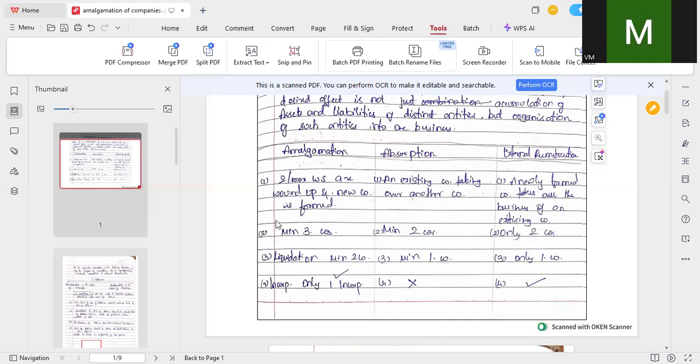Then absorption: an existing company takes over another company. Say, for example, take Vodafone and Hutch. Vodafone was basically a foreign company that had to step into Indian markets. So what it did is, Hutchison Essar was a foreign company that came into the Indian markets, and Vodafone took over Hutch.